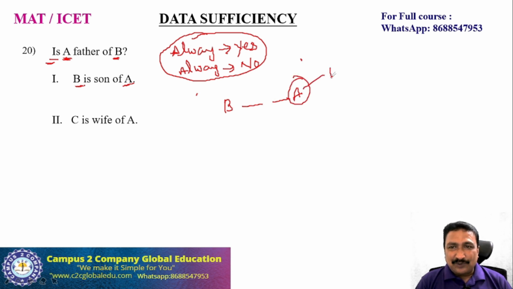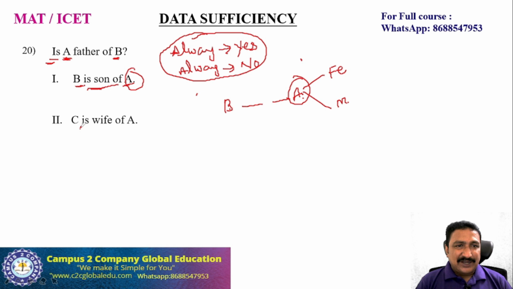If A is a female, we can say A is the mother of B. But if A is a male, we can say A is the father of B, because B is the son of A. So from the first statement we cannot say exactly.